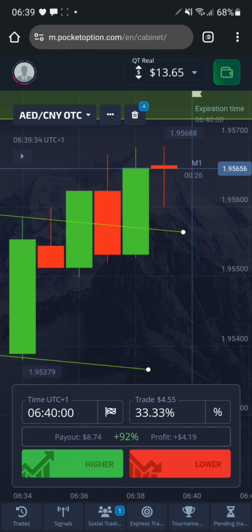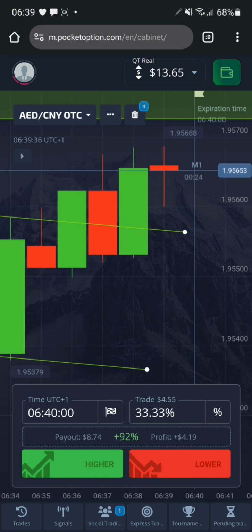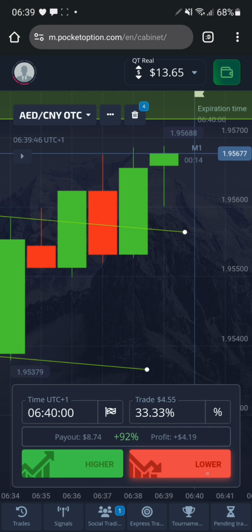Okay, it's not getting to the round number. I just want to be more careful with my trades. If it gets to the round number, I'll take it. If it doesn't, then I won't take it. And the time is up already.